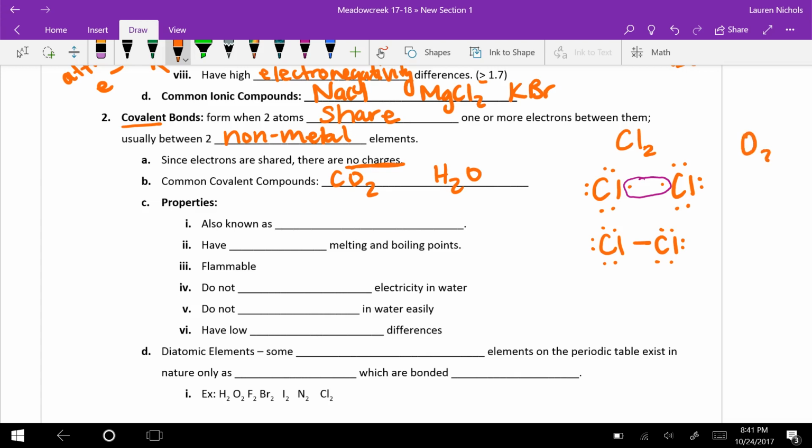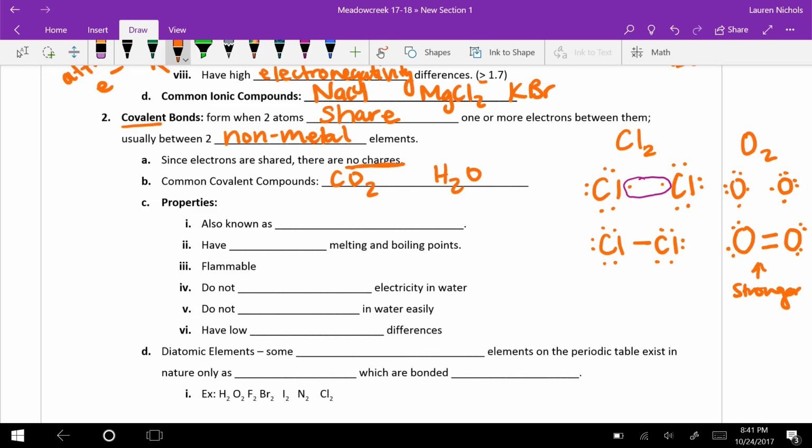Now, oxygen, O2, oxygen has 6 valence electrons. So this means when it comes together, it's going to need to share both lone pairs of electrons in order to complete its octet. And when it does that, it will have a double bond. Now, a double bond is going to be stronger than a single bond, and it's also going to bring those oxygen atoms closer together.